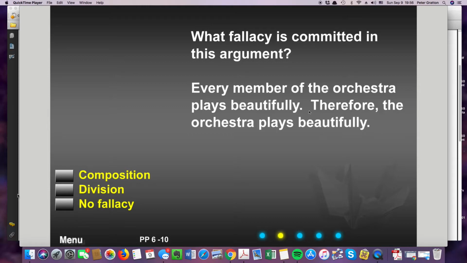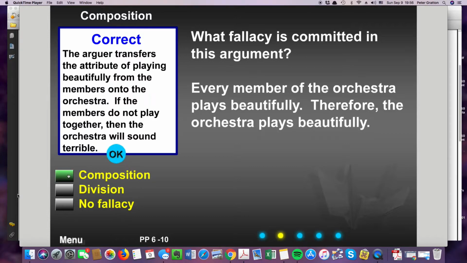But in general, we don't think that, because perhaps together there is not the right balance. And therefore, I would say it is a fallacy of composition. Why? Because when an orchestra is together, you need more than every member playing beautifully. They have to be in time, you have to have a good conductor, and so on. The arguer transfers the attribute of playing beautifully from members onto the orchestra. If the members do not play together, then the orchestra will sound terrible.